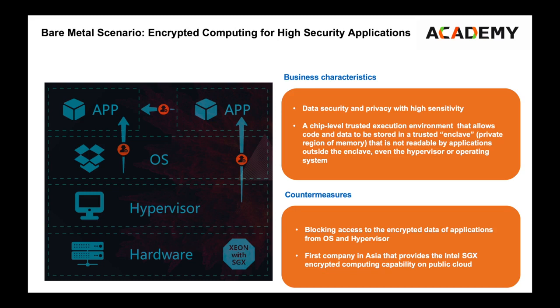So for instance, on newer Intel Xeon processors, there is the SGX extension, which allows you to create basically an encrypted, trusted execution environment at the chip level that lets you store your data and code in a trusted enclave, a private region of the computer's memory that's not readable by anybody else, not by the operating system, not by other applications. So if you are in fintech or banking or some other field with extremely high security requirements, being able to use SGX is a big advantage.